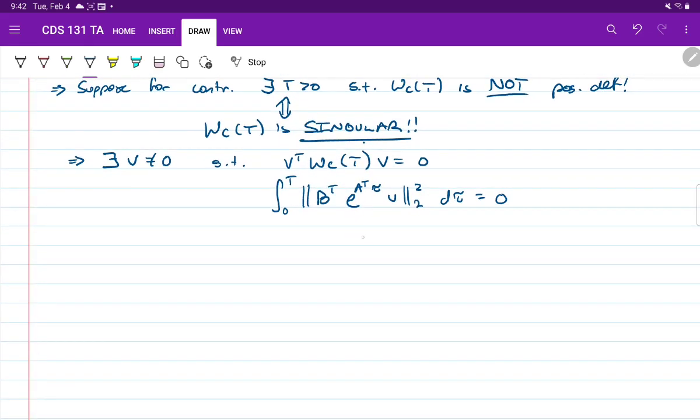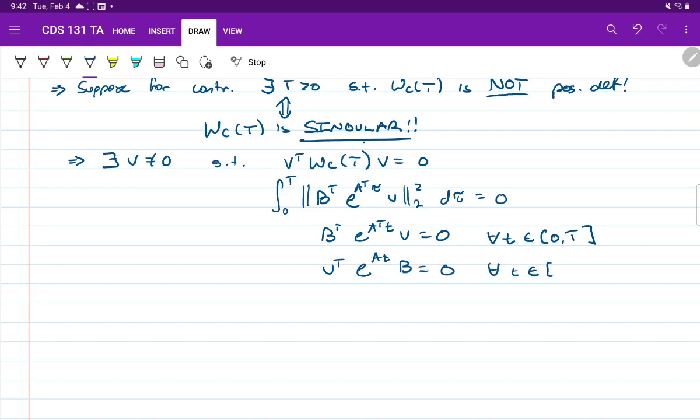And based on our same reasoning above, what this implies is that B transpose e to the A transpose t times v equals 0 for all t in [0, t], which is the same thing as v transpose e to the At times B equals 0 for all t in [0, t].